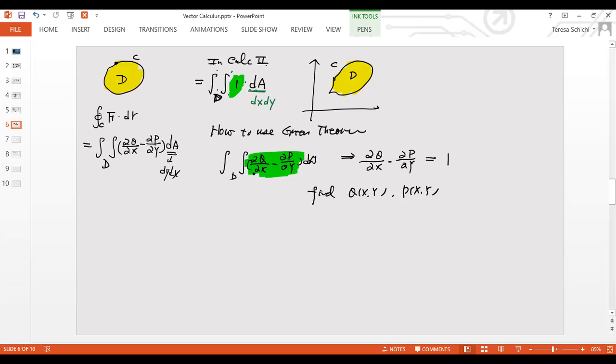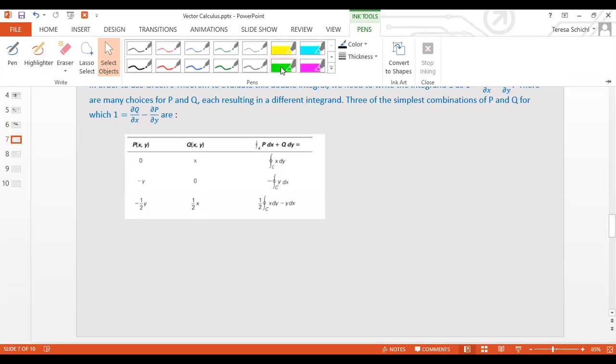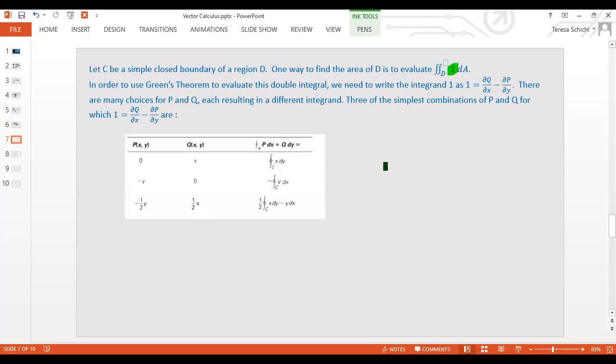So how do I do that? There are many choices of P(x, y) and Q(x, y), and this is what the next slide is about. One way is the Calc 1 way, 1 dA, because of Green's theorem. If you can find ∂Q/∂x minus ∂P/∂y equal to 1, then I can use Green's theorem to do that.